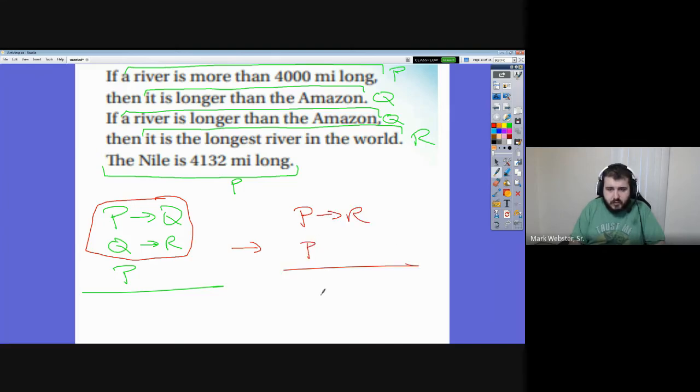And then this is the law of detachment, since these are the same. So what we can conclude here is R. Therefore, the Nile is the longest river in the world.